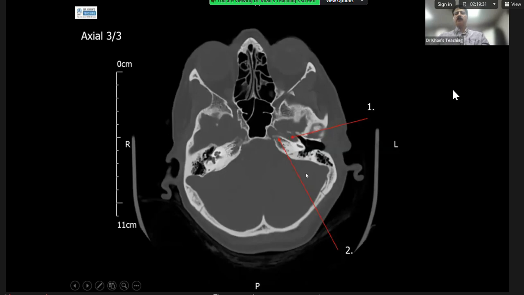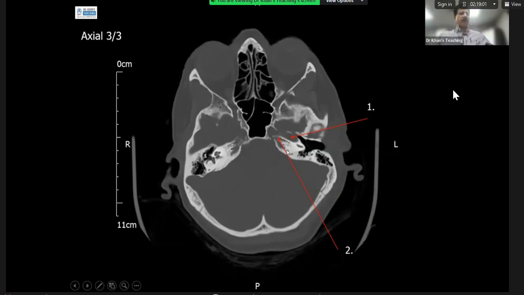So what is this? It's the continuation of the carotid canal. Yes, this is the carotid canal, the horizontal portion of the carotid canal. Now, what is this where my arrow is? This is the apex of the temporal bone. Excellent, petrous apex.